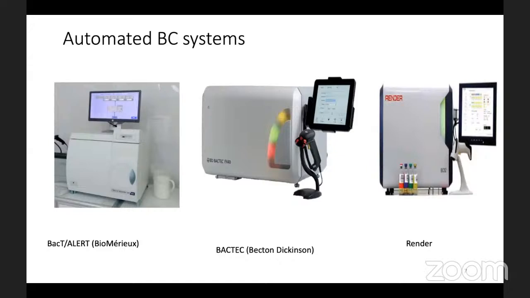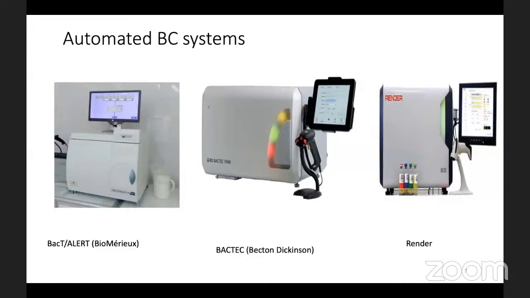There are several systems on the market, and in Ghana, generally, we popularly know of these 3 companies. The Biomirror BacT/Alert is around in the country. Then the BD BACTEC in various forms.